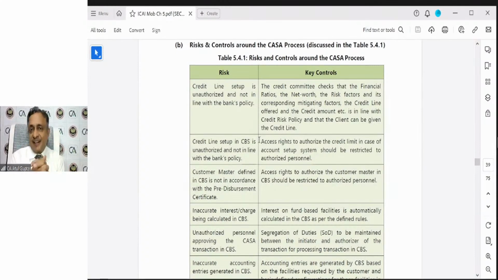That is set up in the system. Before that is set up, if you read the control part, there is a credit committee of the bank that validates the key ratios and key submissions by the individual before allowing the credit lines. The idea of credit line is more relevant to a loan account, but for current account and saving account, you can read it in terms of the facility that the banker is going to provide to you as a customer.